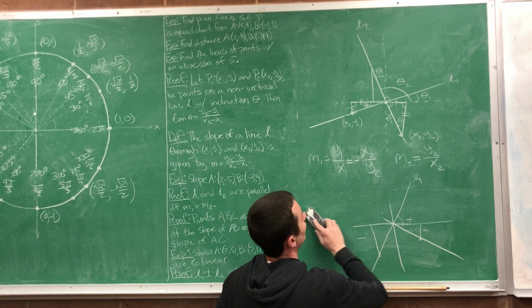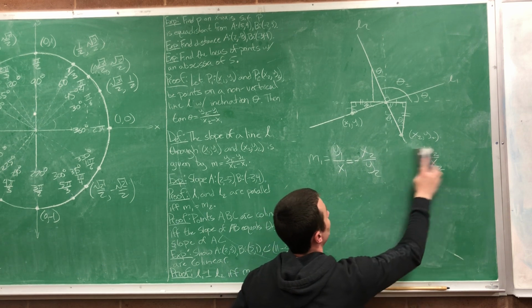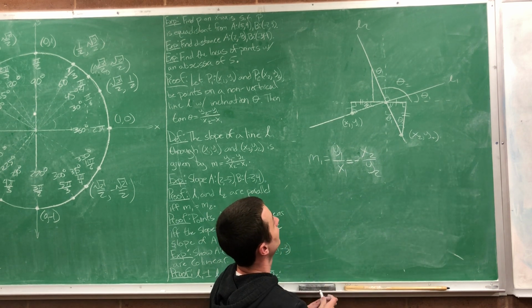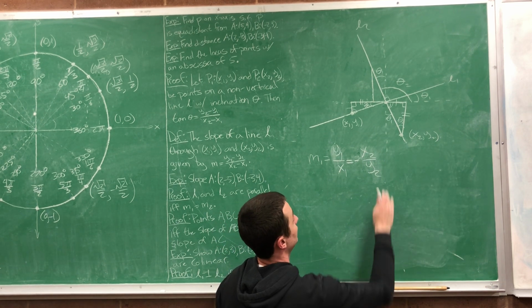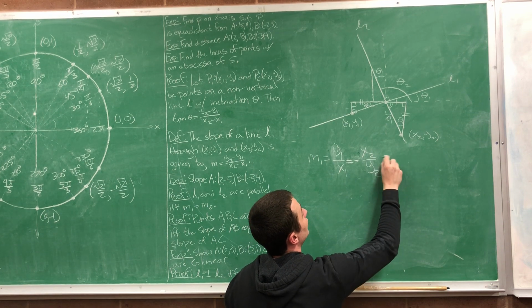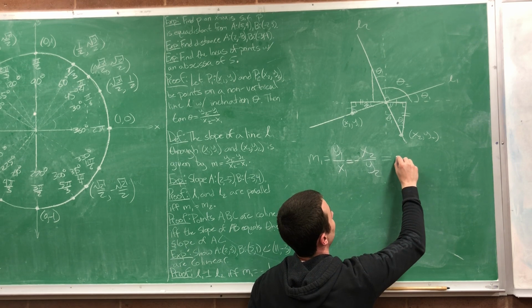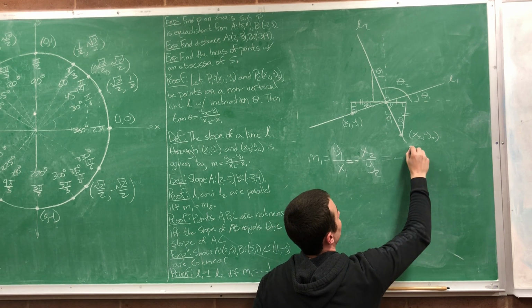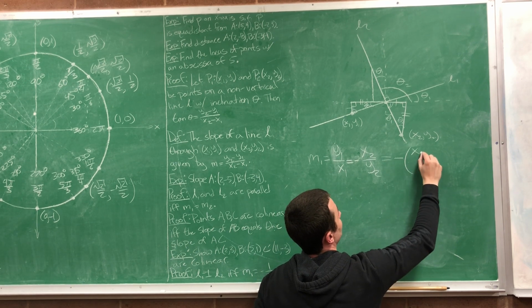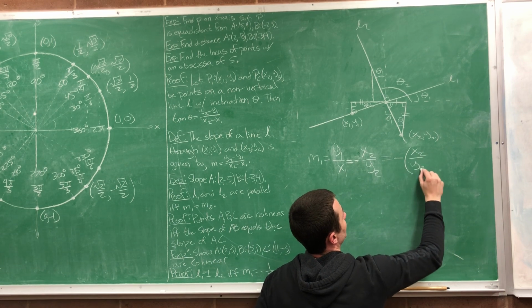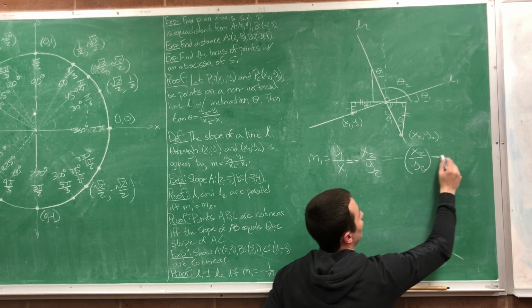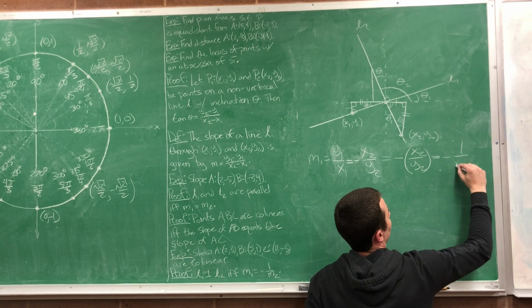Perfect. So m1 is equal to negative x2 over y2, which is the same thing as, let's see, how I can best make you see this, negative x2 over y2, which is equal to negative 1 over m2.